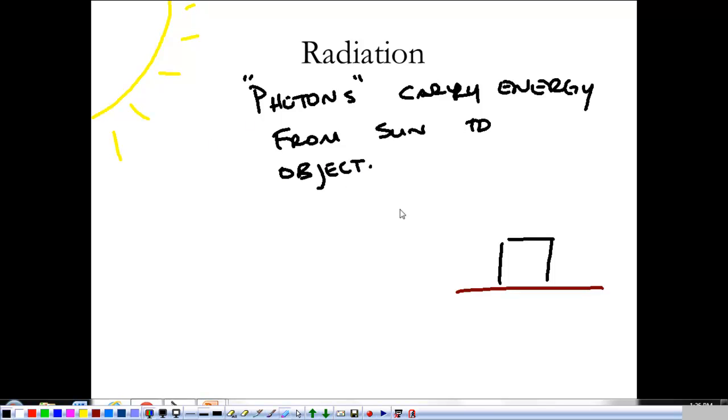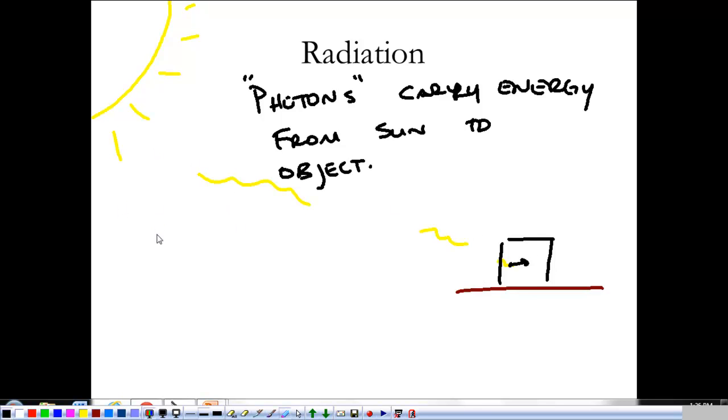When the photon hits a particle in the object, so here's a photon, it's coming in. When it hits that, it's going to give it energy, and it's going to make that object move around a little bit more. That photon is transferring energy from the sun to the object.